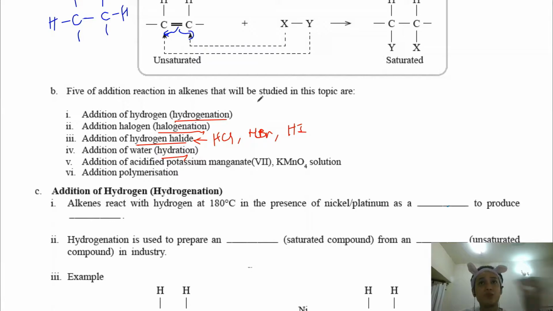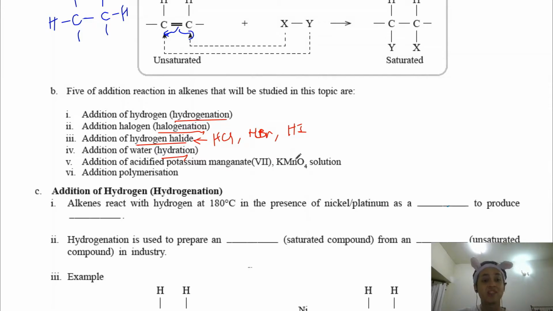If we say an alkene undergoes hydrogenation, you immediately understand we are adding hydrogens to the carbon double bond. If we say hydration, we are adding water into the carbon double bond, because hydrate means water. Then you have addition of acidified potassium permanganate. Later I will show you what this means.